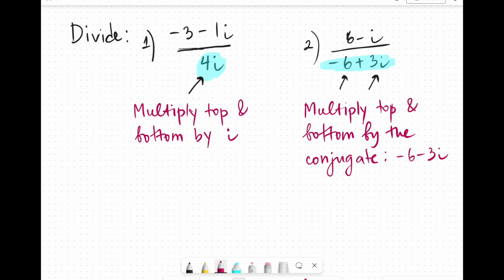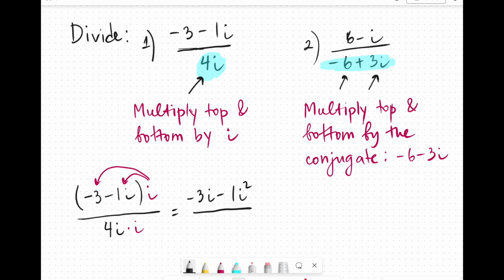Let's look at how multiplying the top and the bottom by i will work for our first question. On the top, you will be distributing your i into the binomial, and that will result in -3i minus 1i squared.